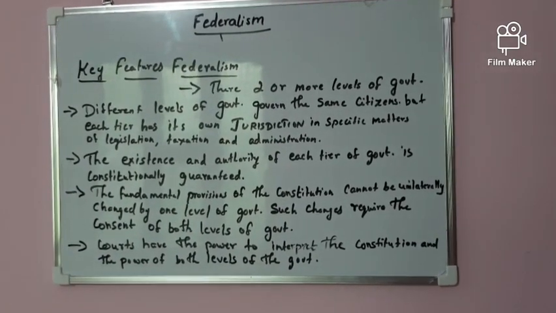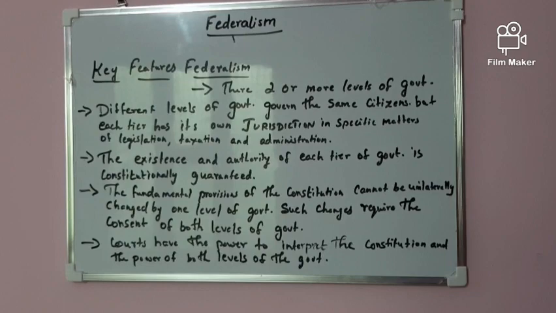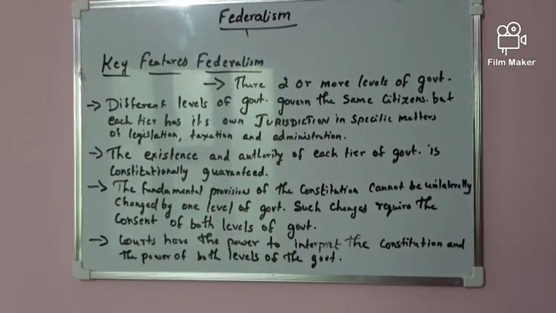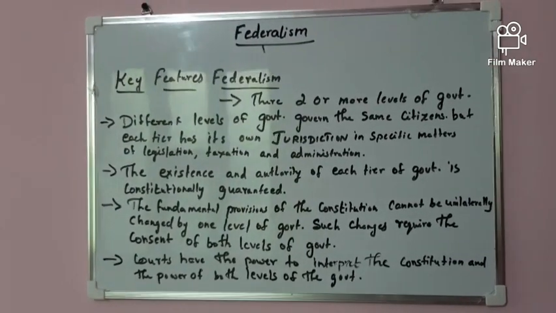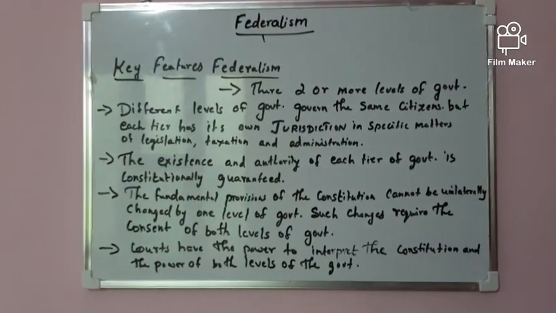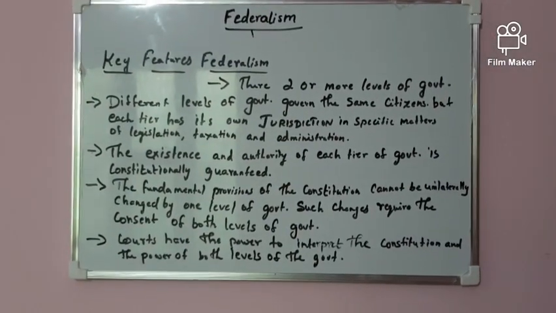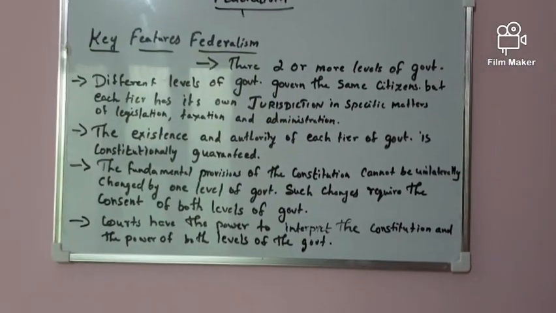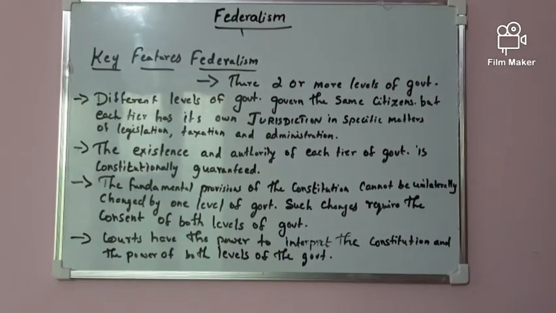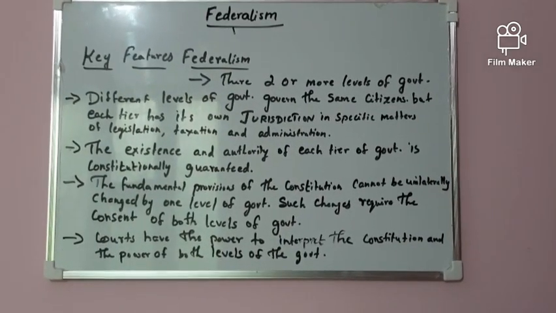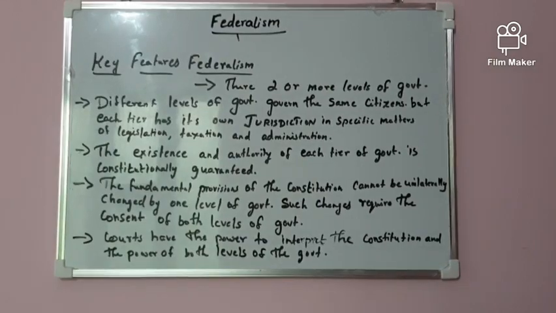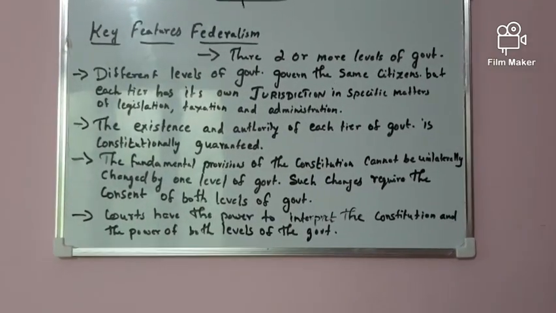Constitution means all over India. It cannot be unilaterally changed by one level of the government. That is, the state cannot change such things. If they want to change it, they need the consent of both levels of the government. They will have a discussion, and only after that will it be changed.